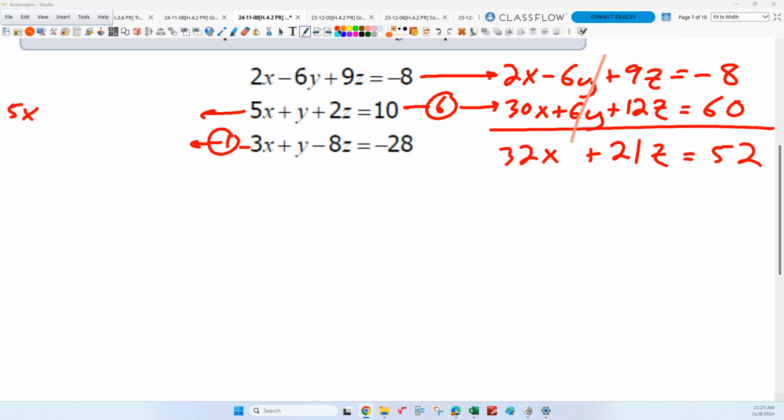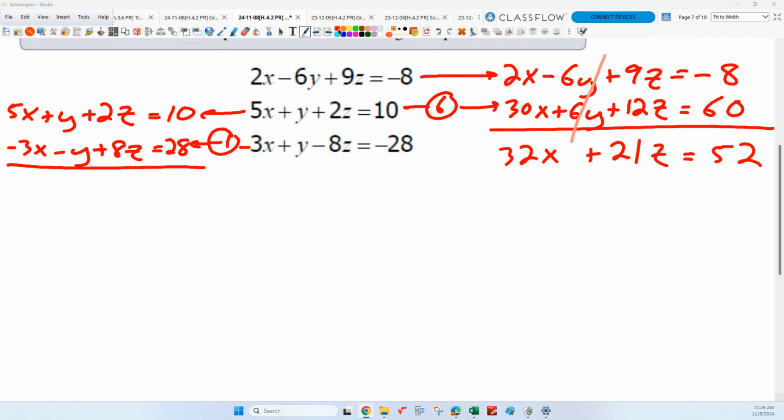Giving us 5x plus y plus 2z equals 10, and negative 3x minus y plus 8z equals 28. Add those up. Again, the y's cancel. And now I get 2x plus 10z equals 38. Agreed?